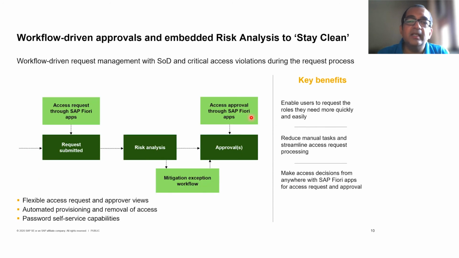Now, one word on the mitigation exception workflow. Let me give you an example of a mitigation rule. Let us say we are talking about a small branch office, and the call of the business is that I have just one small commercial officer, who may not even be a full-time employee. It might be a salesperson who is doubling up as the commercial officer.